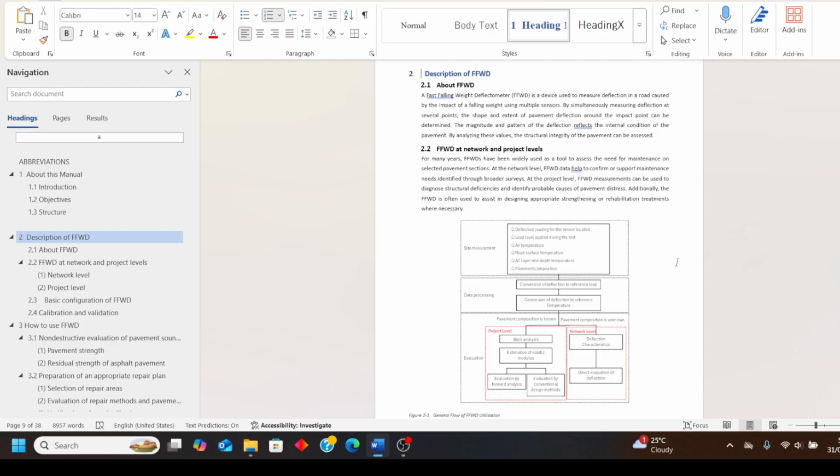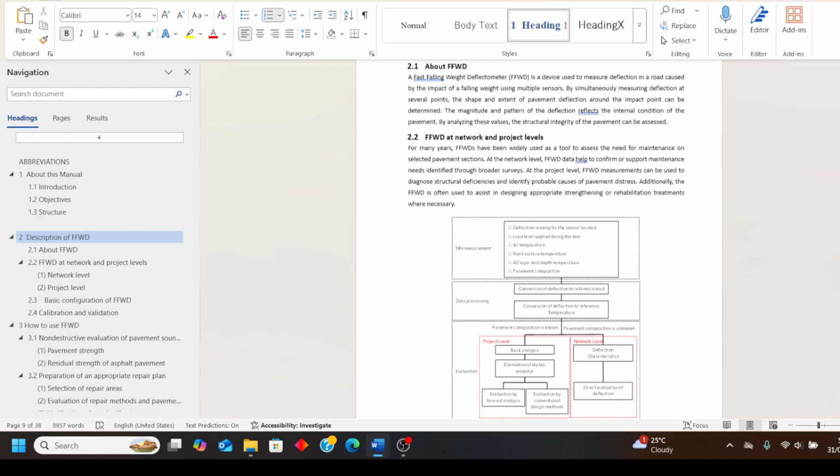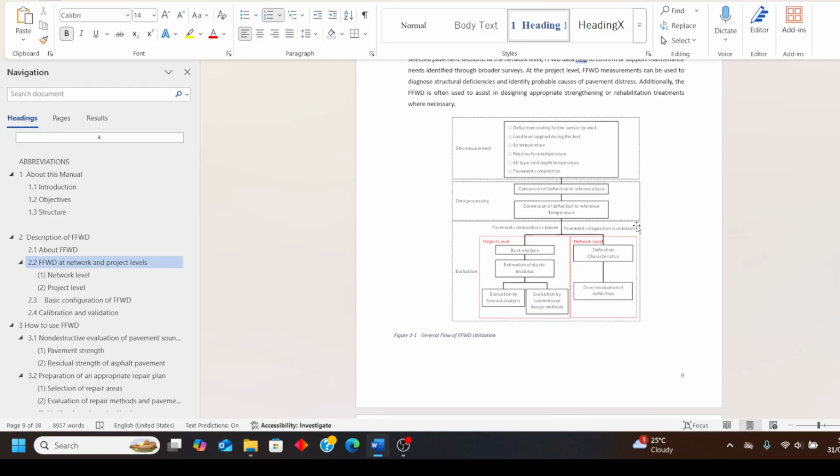So here we can see that FFWD has two levels of usage. One is the project level and the other is the network level. For the project level, closer spacing is preferred, which is about 30 to 150 meters. And for the network level, spaced testing should be 500 to 1000 meters as per this manual.